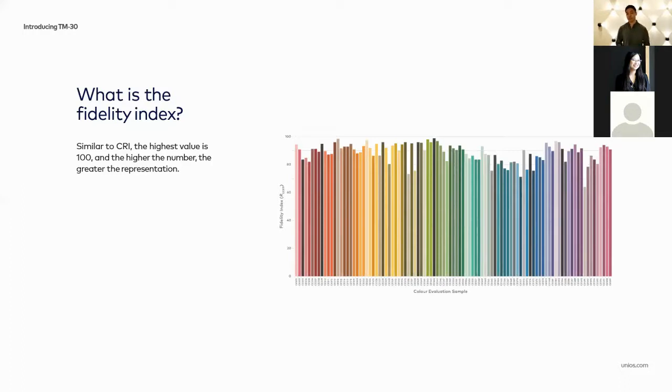But the key difference here is all 99 different measurements must be used. Not like CRI, where we only use the 8 and we throw away the rest. Or not throw away, but it's there. Fidelity uses all 99. And that's the key difference there. There's no way to hide.